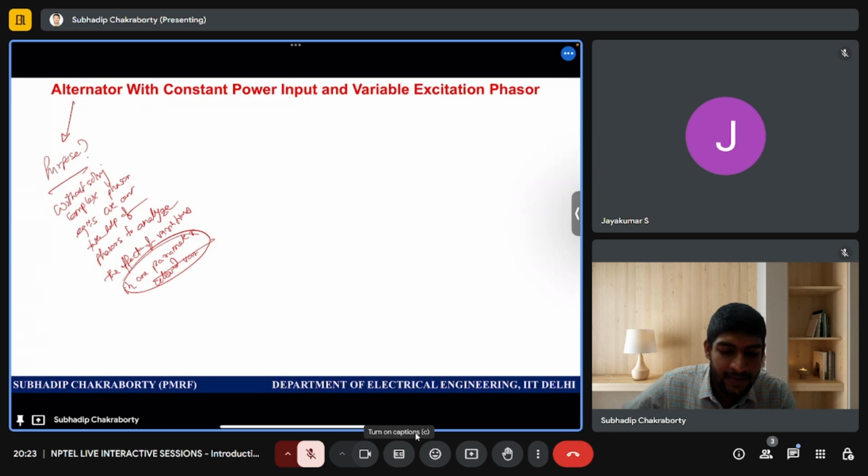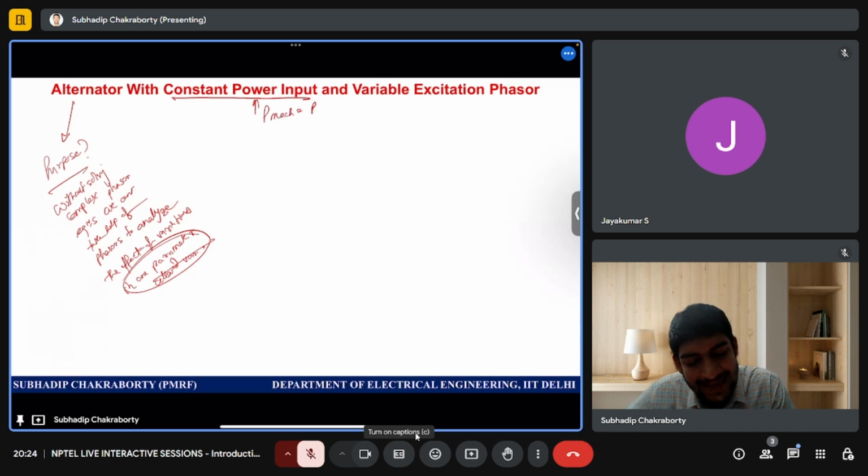So now what is allowed? We kept the mechanical power input to the alternator constant, P mech equal to P elec, that is P electrical, by power balance, assuming no losses are there, no loss assumption, which is almost true because RA is almost 0. Then we are varying the excitation.